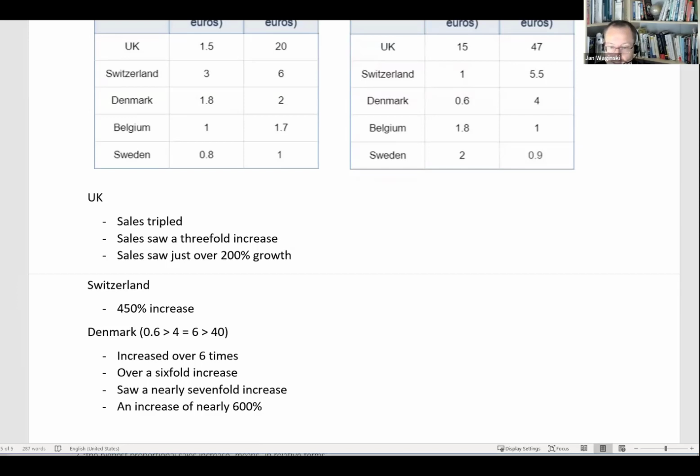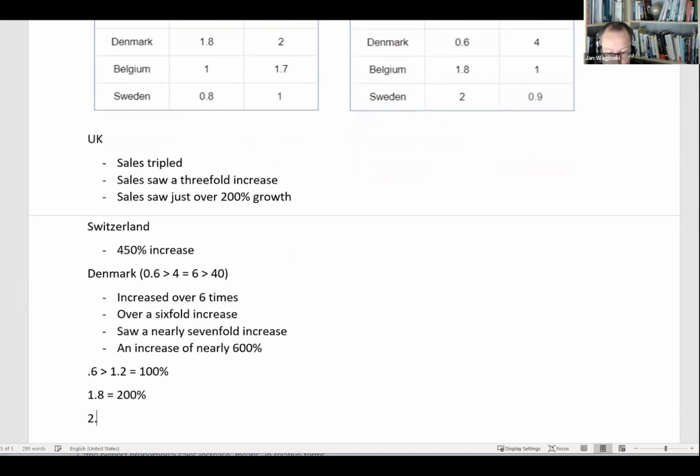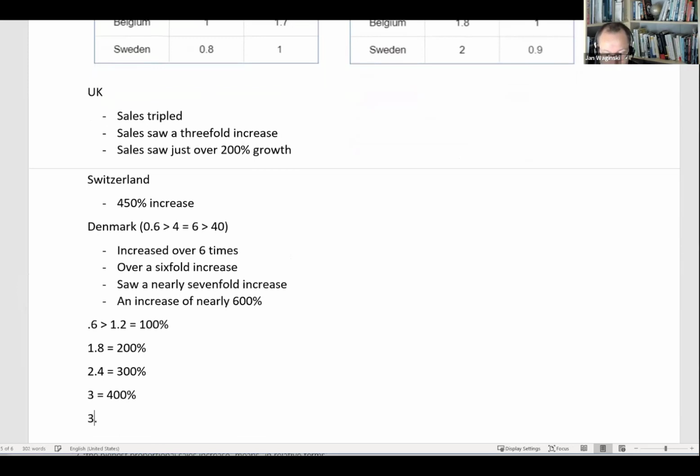If you want to verify, then the long way to do it is 0.6 to 1.2 equals 100%. So then we keep going by 0.6. Then we've got 1.8 equals 200%. 2.4 equals 300%. 3 equals 400%. 3.6 equals 500%.